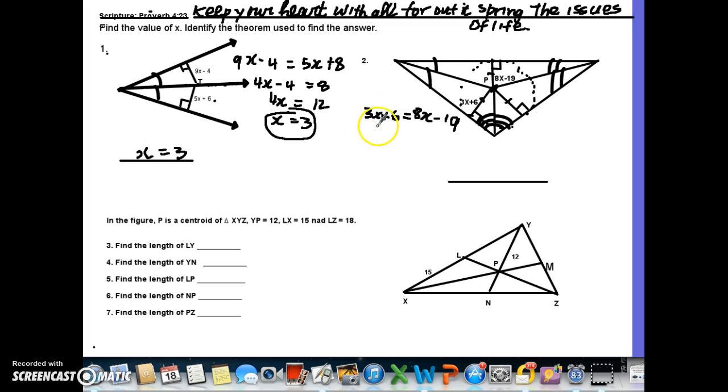When we do this, 3x would be gone, and 8x take away 3x would give us 5x over here, minus 19. On the left side, we would have 6. I'm going to take a couple more steps. We'll add 19 to both sides. When we do, this negative 19 will be gone. 19 plus 6 will give us 25 over here. Divide both sides by 5, we get x equals 5.